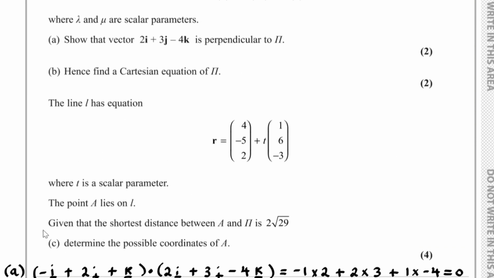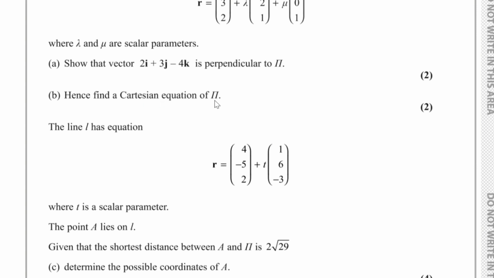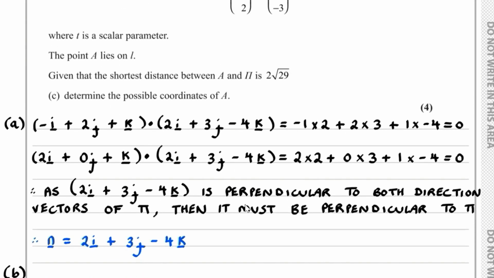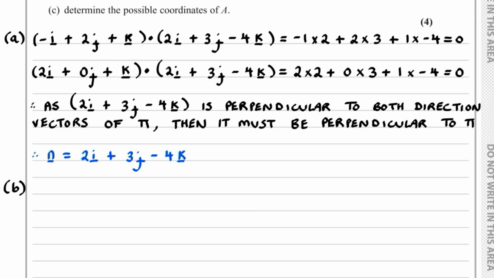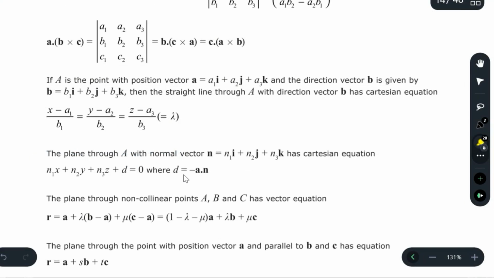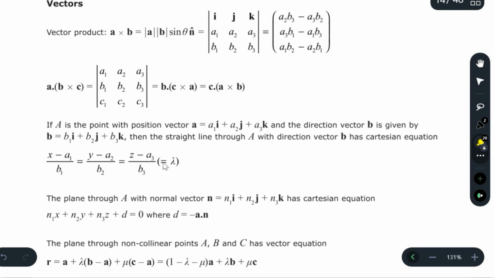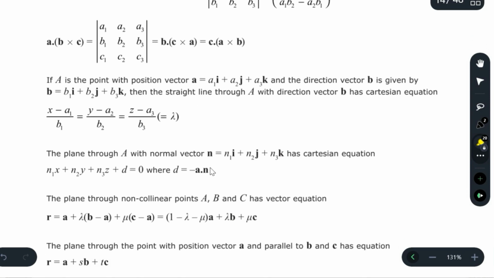Now for part B, hence find a Cartesian equation of pi. Well, if we go to the formula book, we have n1x plus n2y plus n3z plus d equals 0, where d is equal to minus a dot with n, where n is this normal vector and a is a position vector on the plane. Now, if I take the d over to the right hand side, then we'd have positive a dot n.